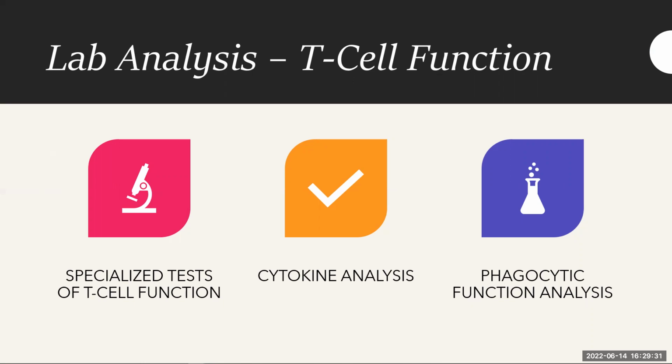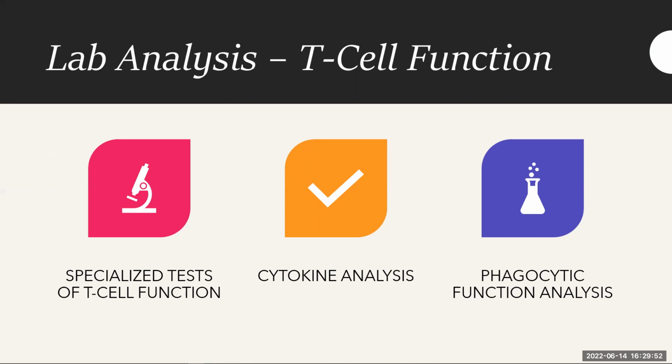And this could also be used in testing the specialized functions of the T cells. It is also possible in some laboratories to measure the production of a number of different cytokines that are involved in T and B lymphocyte regulation.